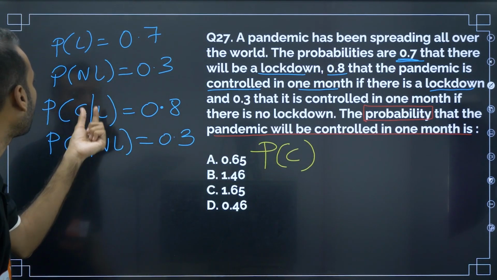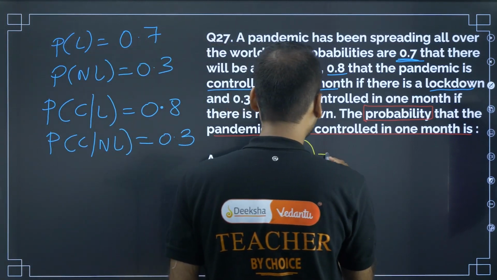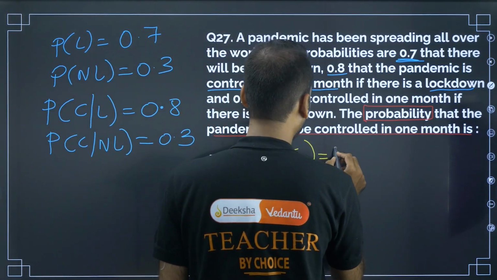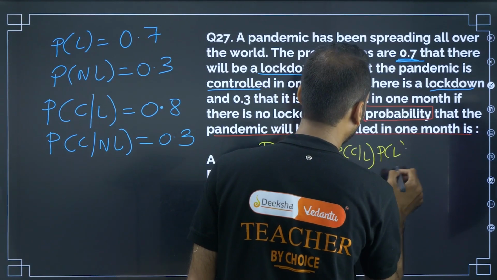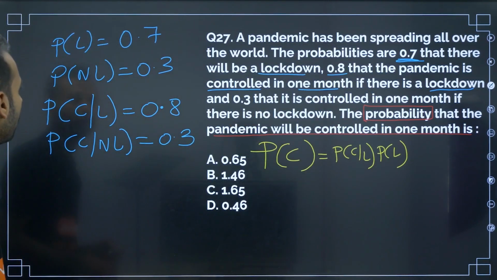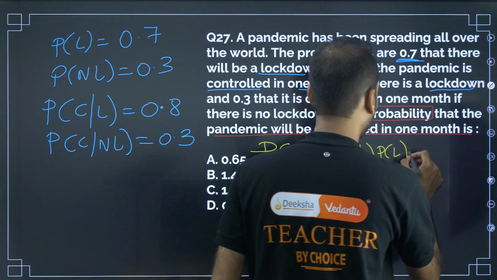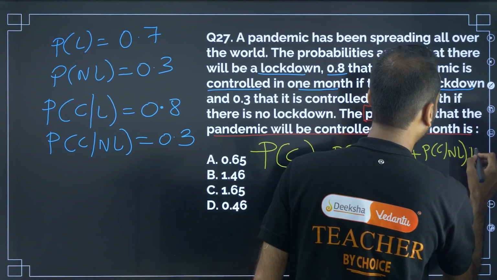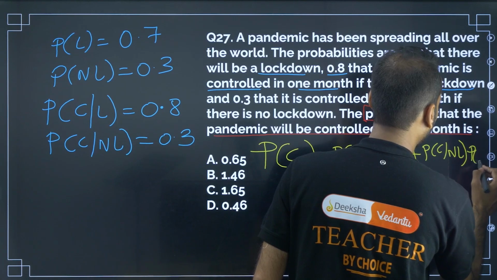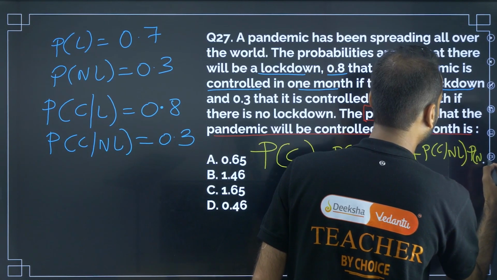Now with the given data available, I can write the total probability: P of C given L times P of L, plus P of C given NL times P of NL.